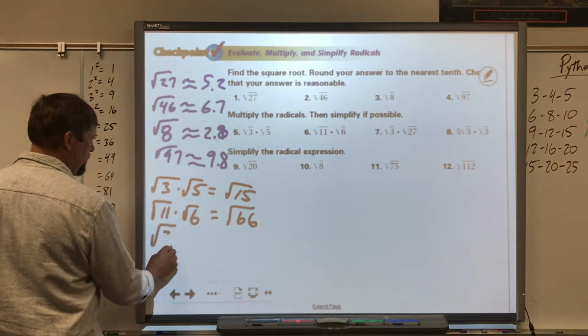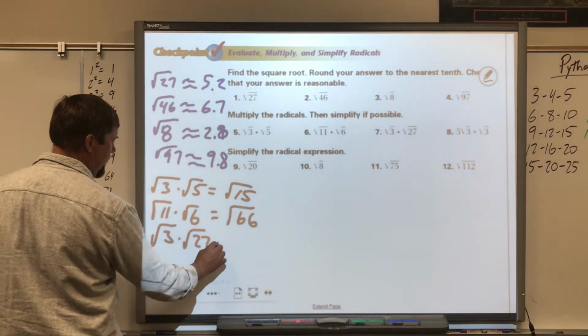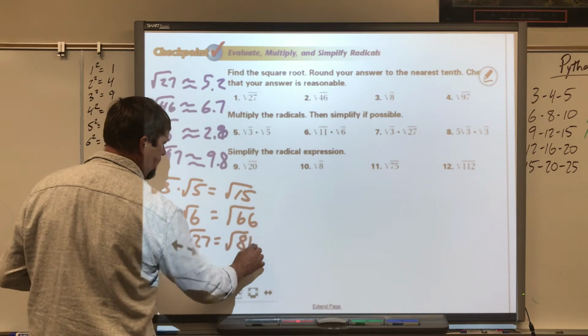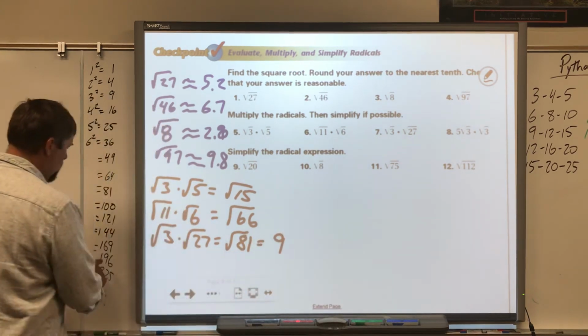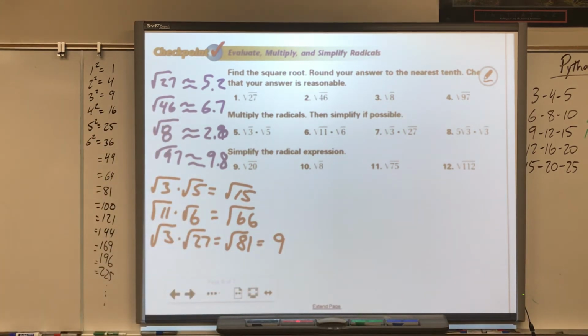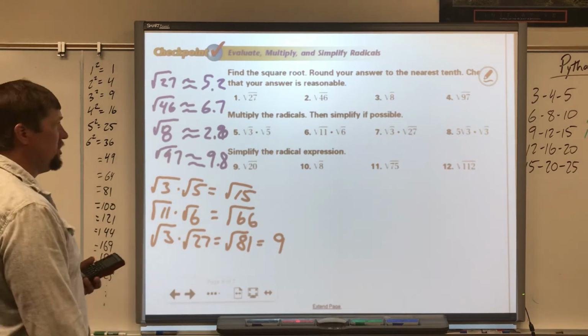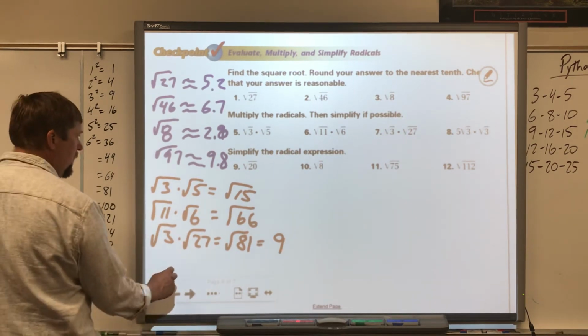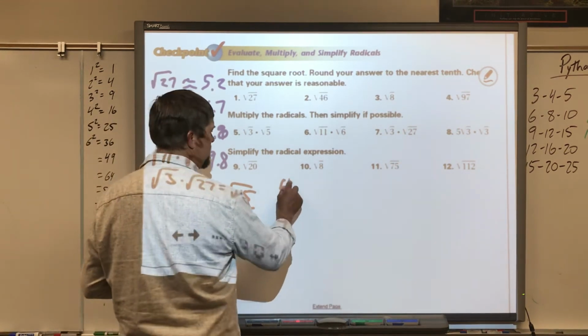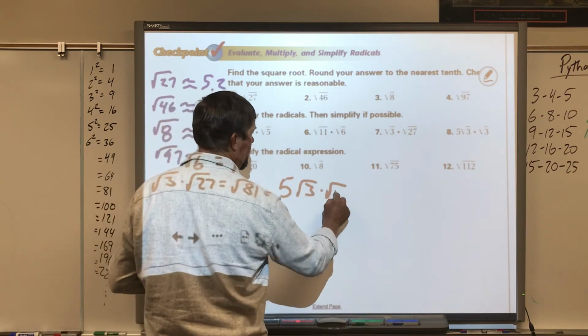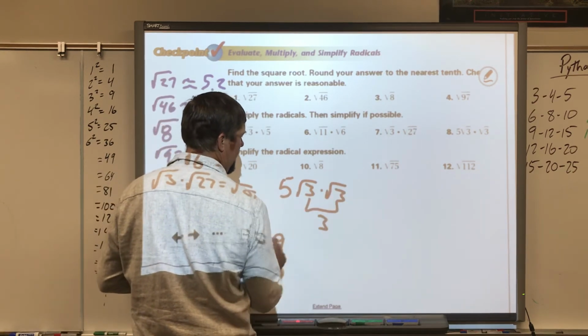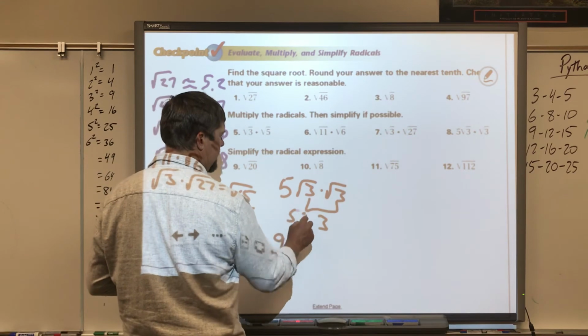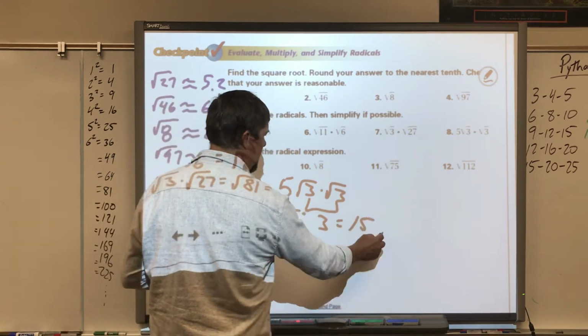The square root of 3 times the square root of 27 is the square root of 81, which is a perfect square. It's 9 squared, so that answer would be just 9. And the last one, 5 square root of 3 times the square root of 3: these two multiply to be just 3, so you take that times 5, and you get 15.